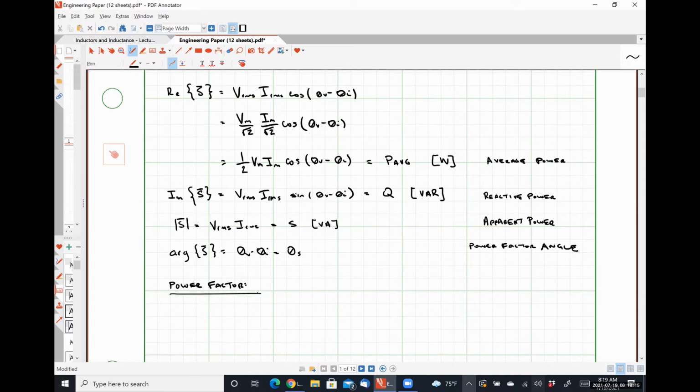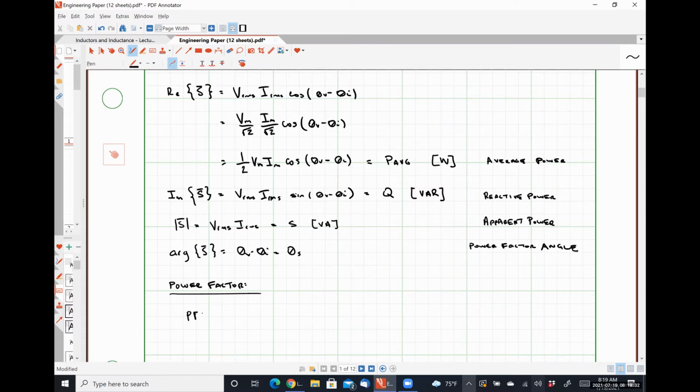So the power factor at which an electrical element or network operates is a measure of the efficiency of power transmission to or from the network.